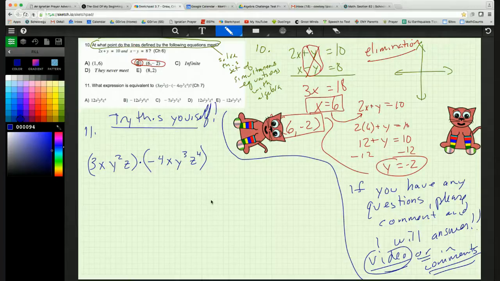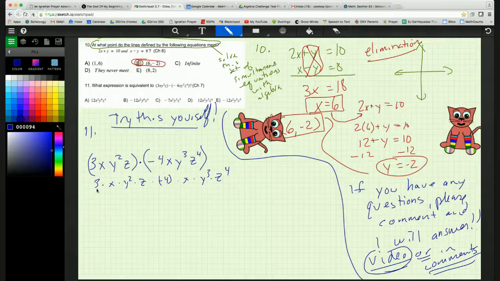All right. Well, first of all, I know that the way I multiply these things is I multiply my coefficients, and you multiply each factor with the same base together. Because really, this is all just a big thing multiplied together. This is just 3 times x times y squared times z times -4 times x times y cubed times z to the 4th.